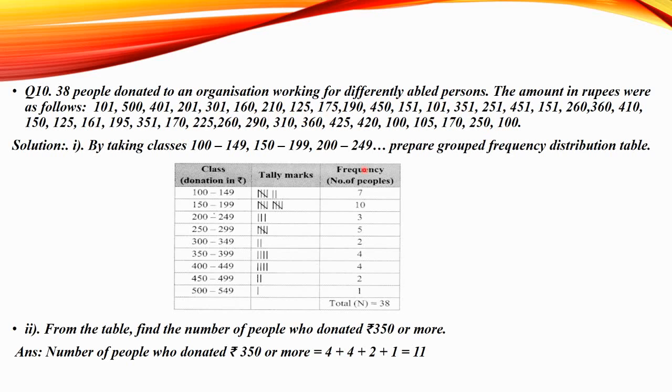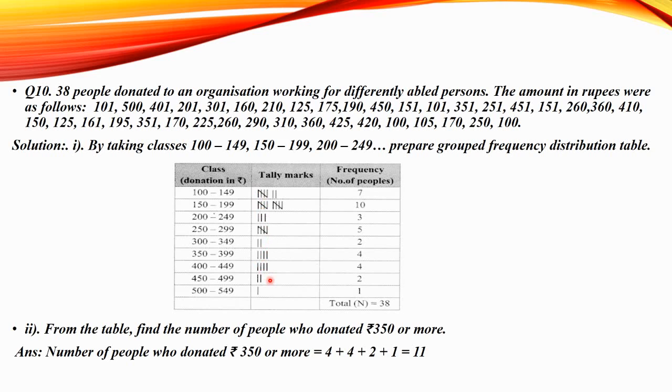By taking suitable classes, that is 100 to 149, 150 to 199, 200 to 249, prepare a grouped frequency table. So 100 to 149 is 7 people, 150 to 199 is 10 people, 200 to 249 is 3 people. Similarly, we find the frequency using tally marks.